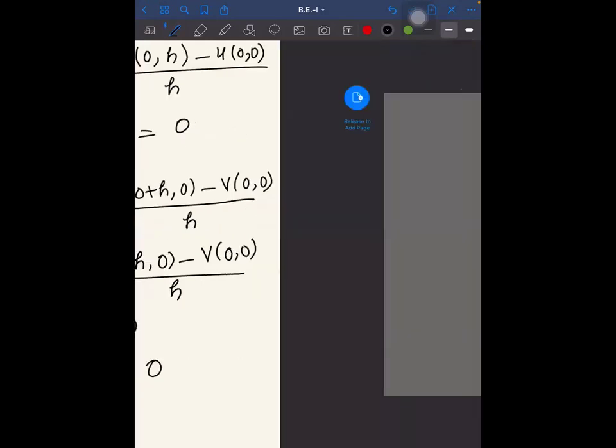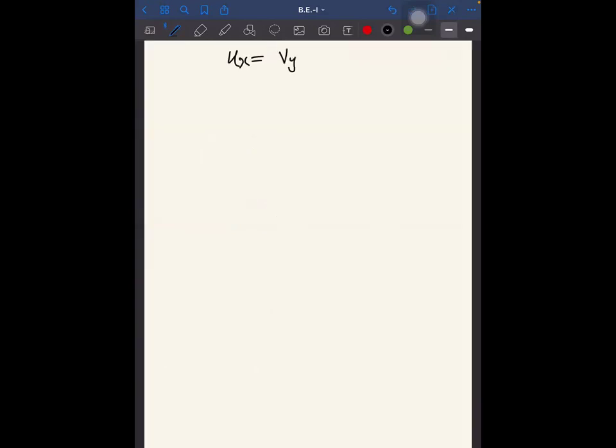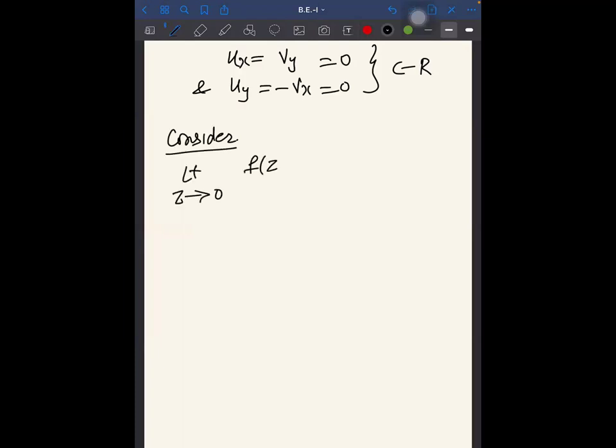So of course, your ux is equal to vy and your uy is equal to minus vx, since they are 0. So your CR conditions are satisfied, but we claim that our function is still not differentiable. If it is differentiable, we need to check one thing. That is what? Consider the limit as z goes to 0 of f(z) minus f(0) upon z minus 0.